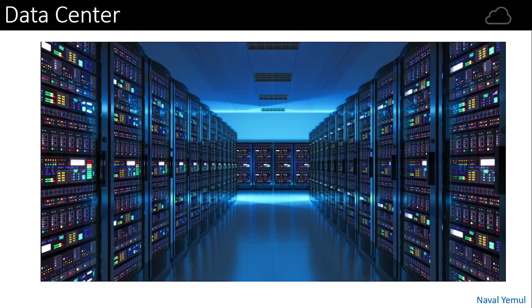You can use these data centers for your storage, for your compute, for different services like analytics, for your AI ML workloads, anything. You can call these small machines, or you can call them computers. Depending upon your application, you can use them.